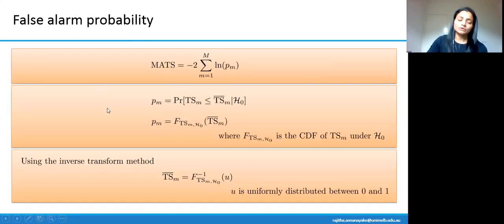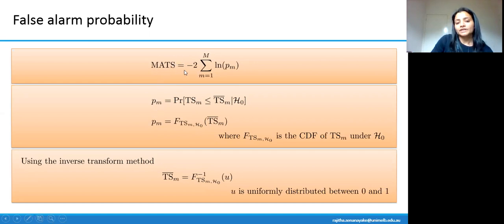With this one, we also analyzed the false alarm probability. We could calculate the exact expression for the false alarm probability, and it was quite straightforward because under meta-analysis, this is what the test statistic is. To calculate the false alarm probability, I want to find the CDF of this random variable.